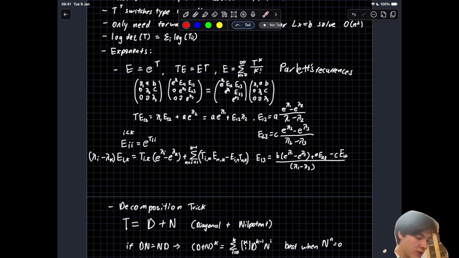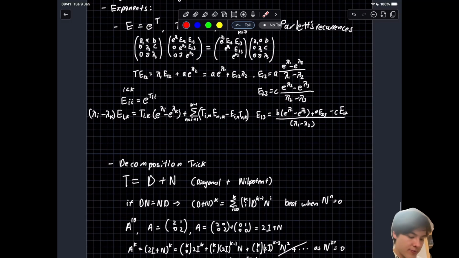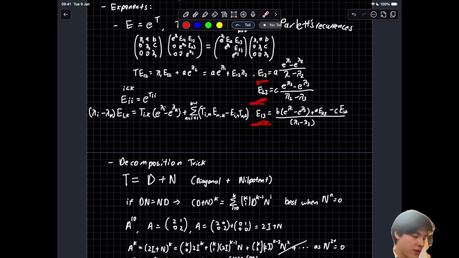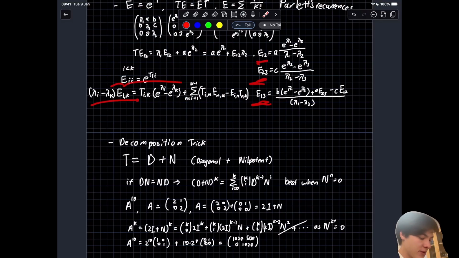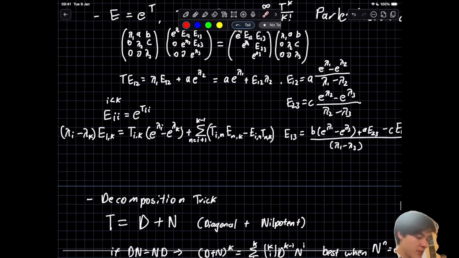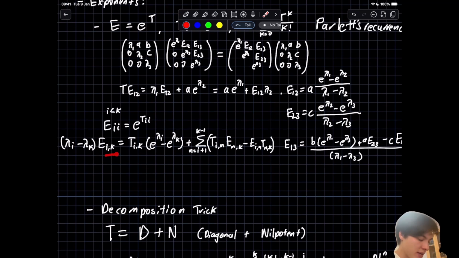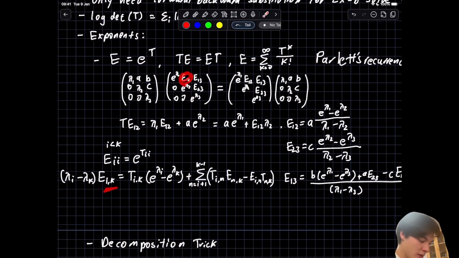Let's see, for example e2, if we do this and this, it needs to be the same as this, so we can write down an equation and then solve for it, and it can be written down as this formula. Basically the diagonal is e to the power of the diagonals, and then for the off diagonal, let's say this one we can see is ik.